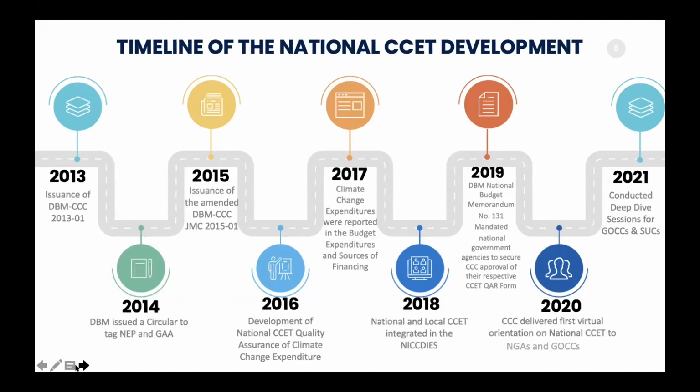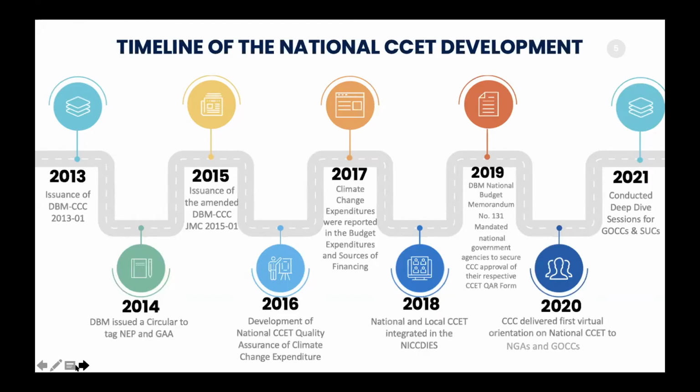And in 2019, DBM issued a National Budget Memorandum 131, which now mandates the national government agencies to secure approval from the CCC of their respective QAR forms. Because before, in terms of the submissions of agencies, there are some agencies who would only tag their PAPs or provide information on their climate tag PAPs in the BP201F form, but they are not submitting their quality assurance and review form, po.